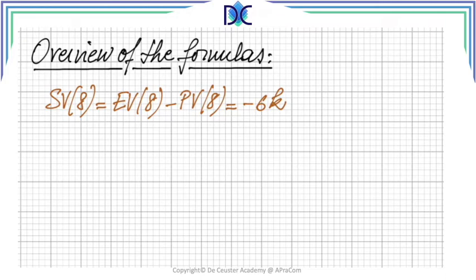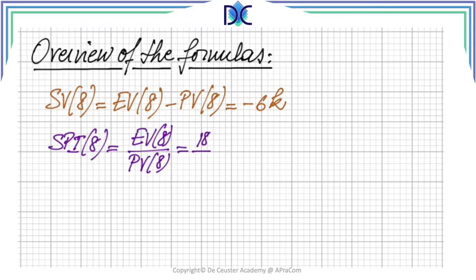So we have 18 minus 24, which is minus 6K. We can calculate again the formula of the SPI: the earned value divided by the planned value, both taken at period 8, which is 18 divided by 24, or 3/4, or 0.75, which is smaller than 1, which means that we are behind schedule.